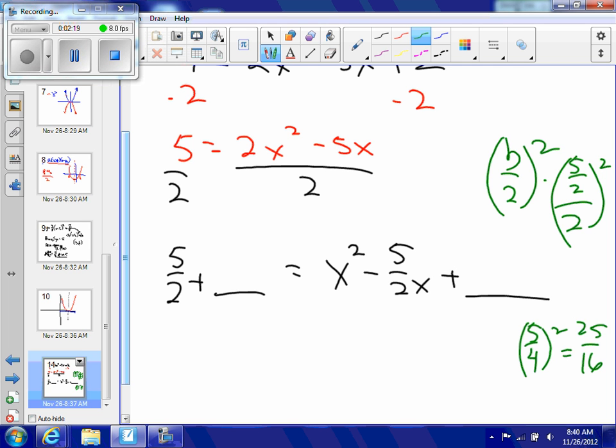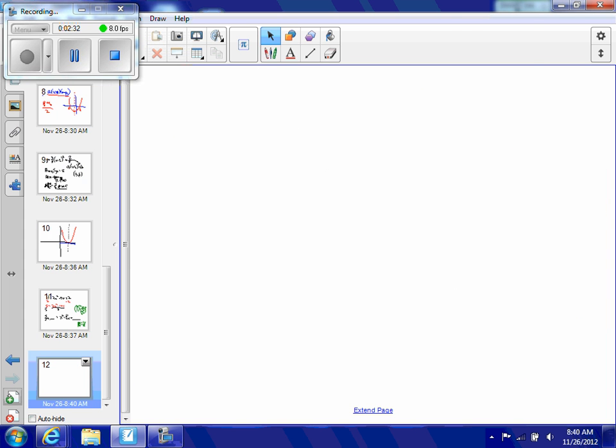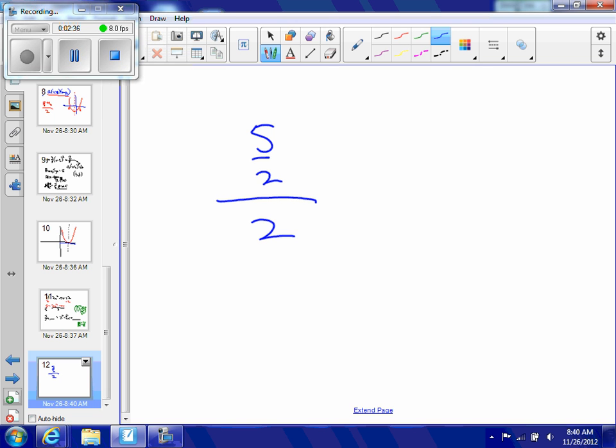Wait, so, sorry, but... Don't be sorry. Do you multiply the 2 and 2, and then you do 5 fourths, then you square that? Well, so if I have 5 halves, and I want to divide it by 2, 5 halves divided by 2 is the same thing as 5 halves divided by 2 over 1.